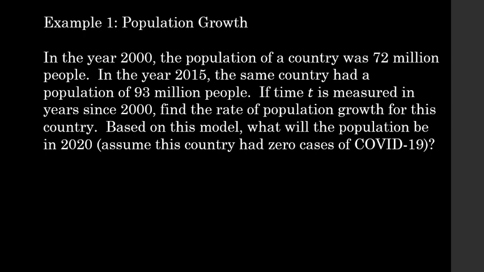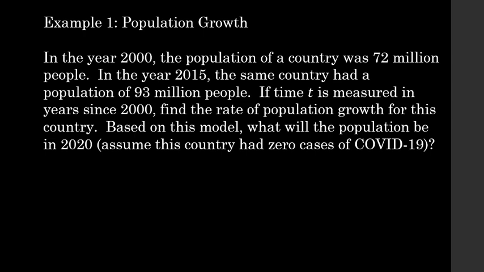Again, we're going to set up that basic model of y naught times e raised to the kt. Y naught, as we said, is the quantity at time t equal to 0. Here, time is measured in years since 2000. So if t is 0, then it's 0 years after 2000, or the year 2000, and we know the population of this country in the year 2000.